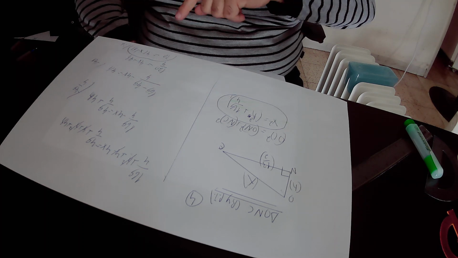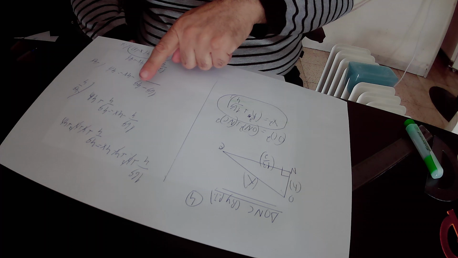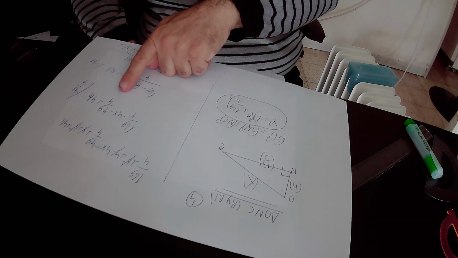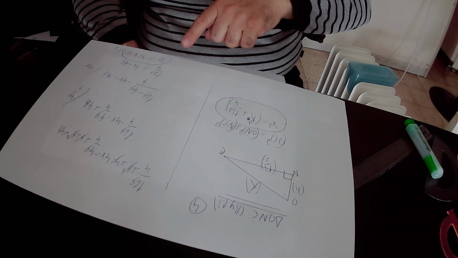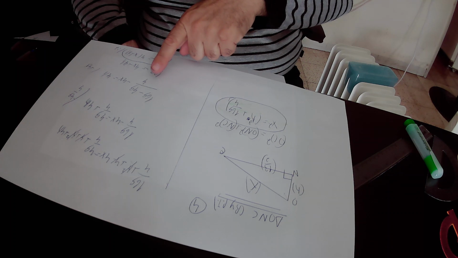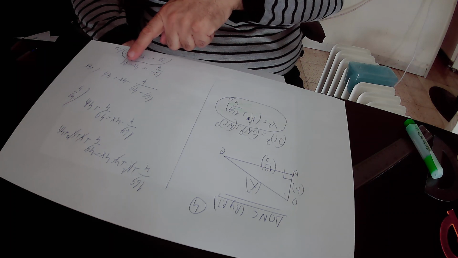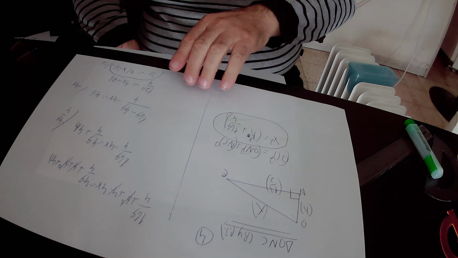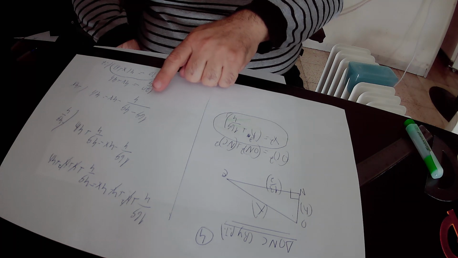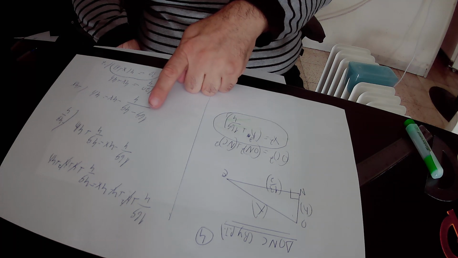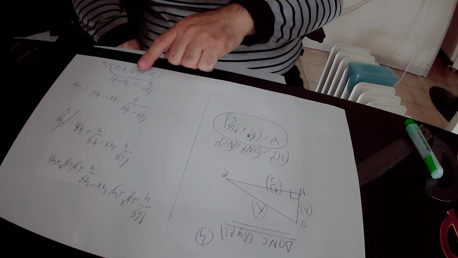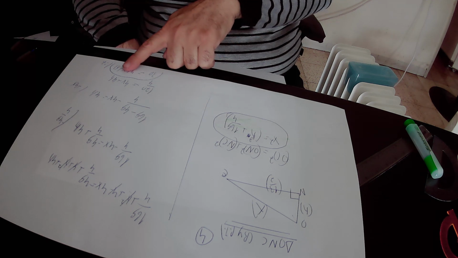We subtracted 49 over 4 from this equation, and found that 169 minus 49 over 4 minus 4x equals 4h. 169 minus 49 is 120, so in total this expression equals 120 over 4. That is equal to 4x plus 4h.